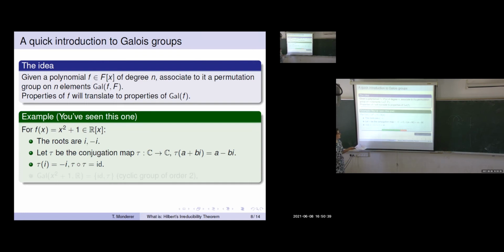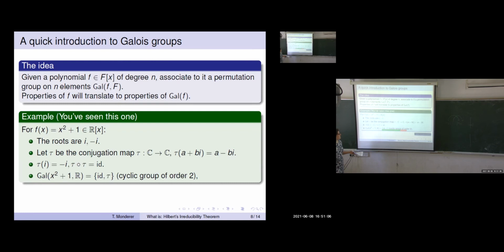And we know that if we apply conjugation twice, we get the identity back. So the group generated by the conjugation map is the conjugation map and the identity. So we have a group, and it sends a root to a root. So per our agreement, the Galois group of the polynomial x squared plus 1 over the real numbers is the cyclic group of order 2.